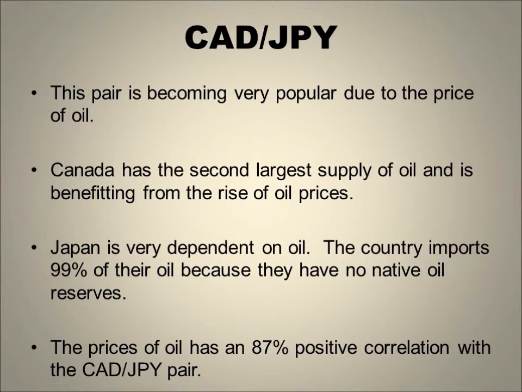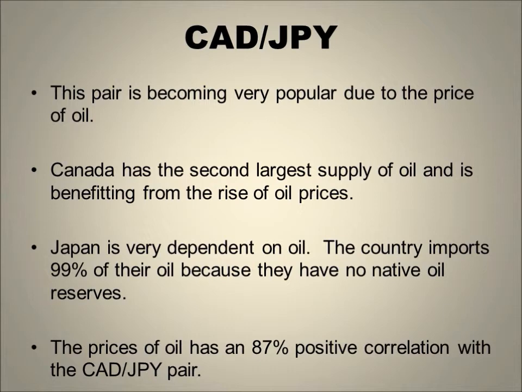We also need to know that Canada is the second largest supplier of oil and is benefiting from the rise of oil prices. So the price of oil rises, the Canadian economy gets stronger, and the Canadian dollar gets stronger as well. Japan is very dependent on oil. That country imports 99% of the oil that they need to run their economy.